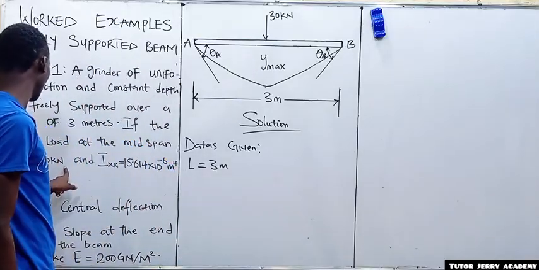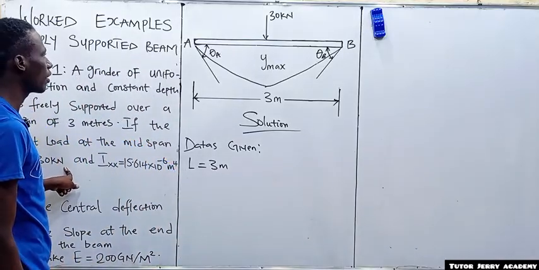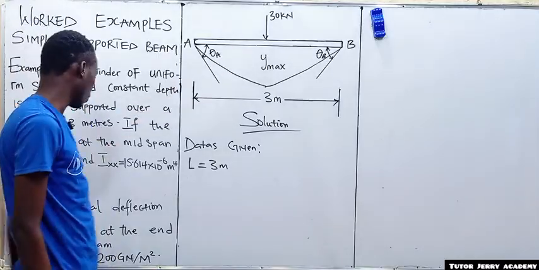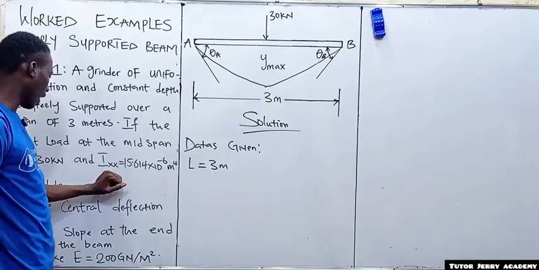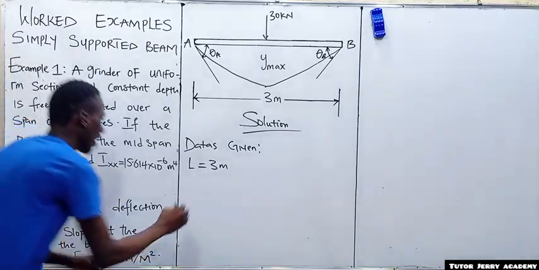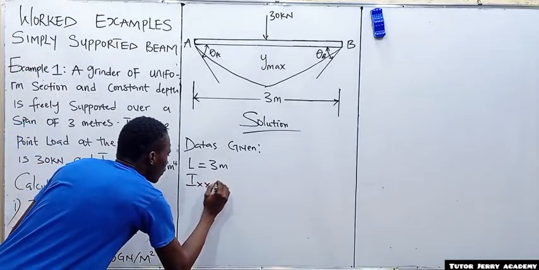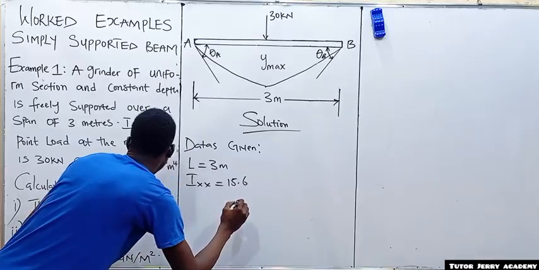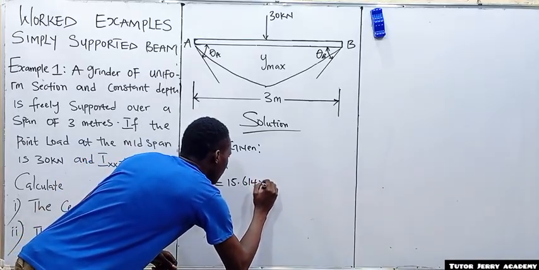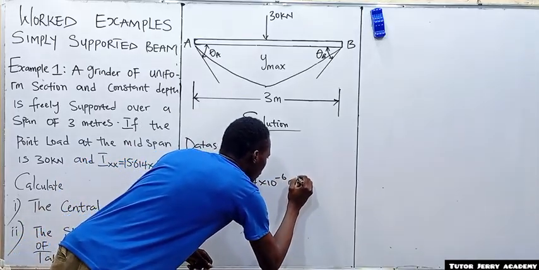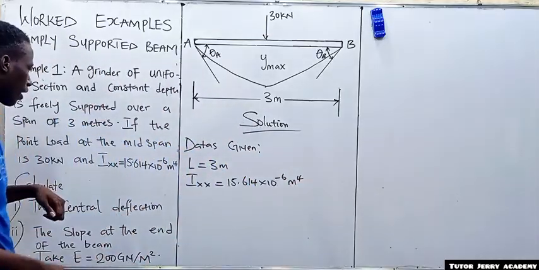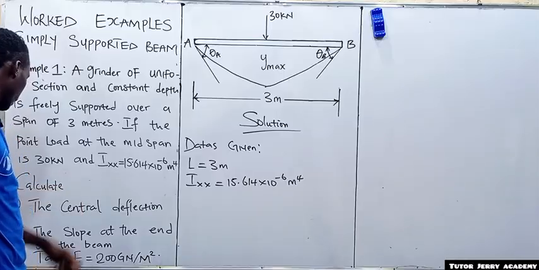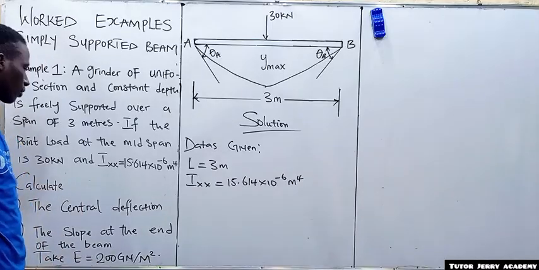Secondly, we have a load at the midspan of 30 kilonewton. This is our moment of inertia I xx. This will be equal to 1.614 times 10 to the power of minus 6 meters to the power of 4. Next, we have our E to be equal to 200 giganewton per meter square.